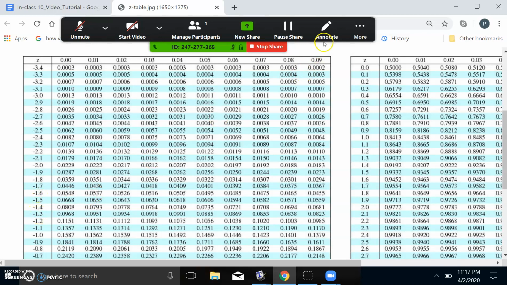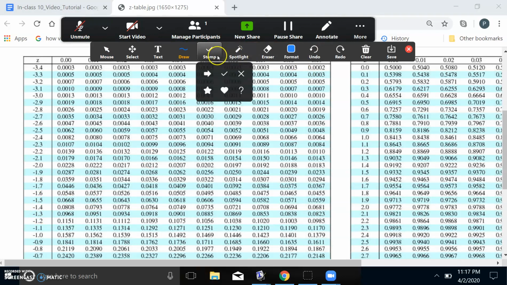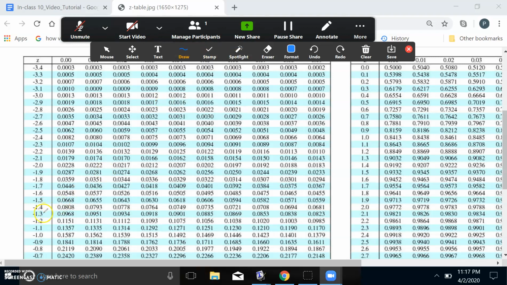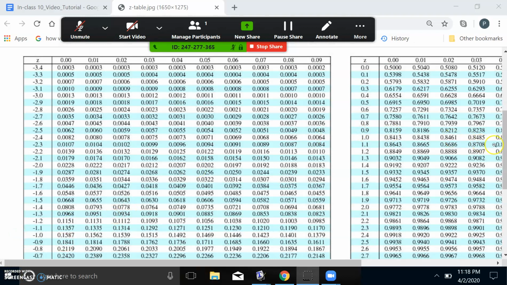Let me mark this. Negative 1.3 starts here. I'm going to go all the way over until we get to the 3 column. Let me redo that a bit and move this up.